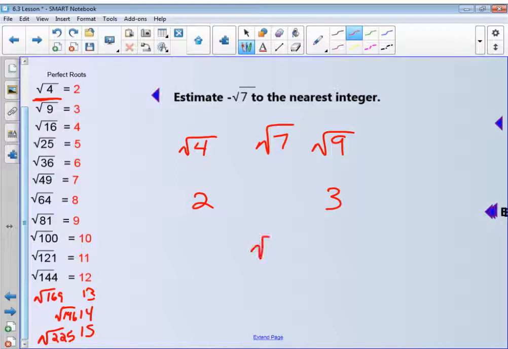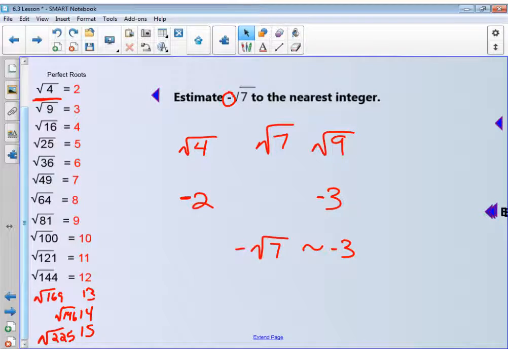So the negative square root of 7 is about -3, because I have to remember that these are negatives since they have this little negative symbol in front. You can just add that on in your final step, but understand that it's closest to 3, or it would fall between -2 and -3 on the number line.